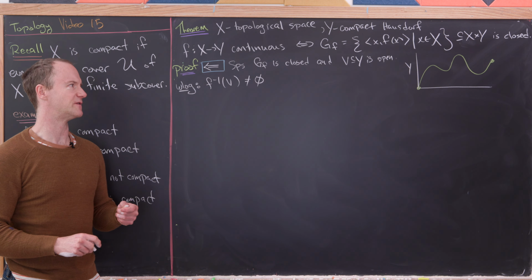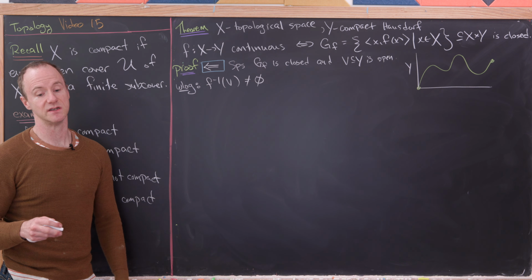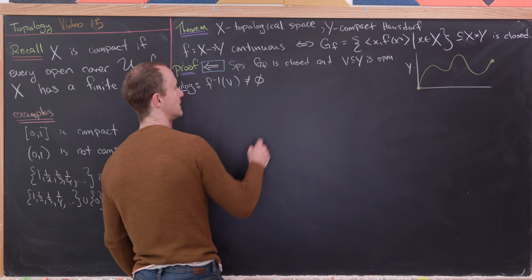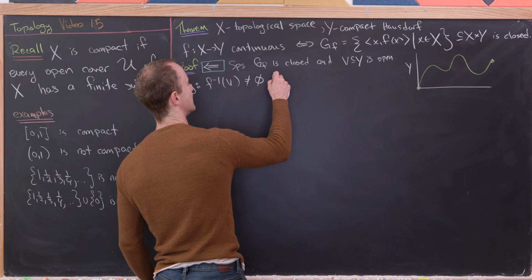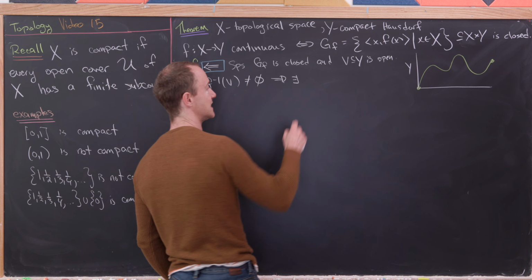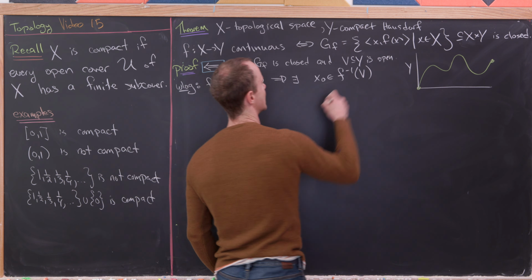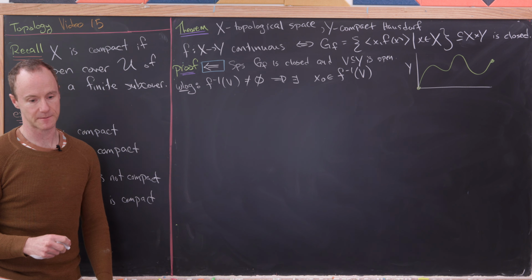Because if the pre-image of V is the empty set, then it's already open and we haven't really done anything. Okay, but then if the pre-image of V is non-empty, then that means there exists some point which we'll call x naught inside of the pre-image of V.